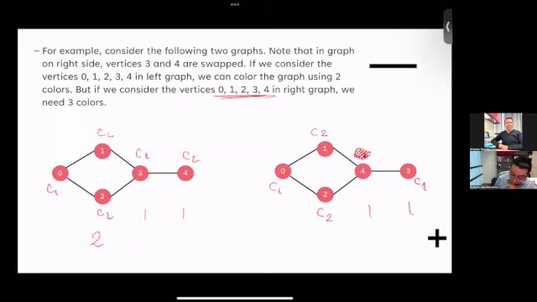And then when we want to color the node 4, we check that it is not possible to use color 1 because it is in 3. We cannot use color 2 because it is in 1 and 2. So we necessarily have to incorporate a third color. So here we need 3 colors. And it's almost the same graph. It's just that the order in which we are considering the vertices is slightly different. So we can see that the order affects our assignment.